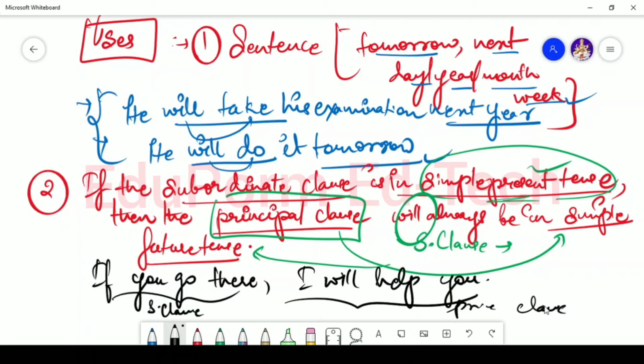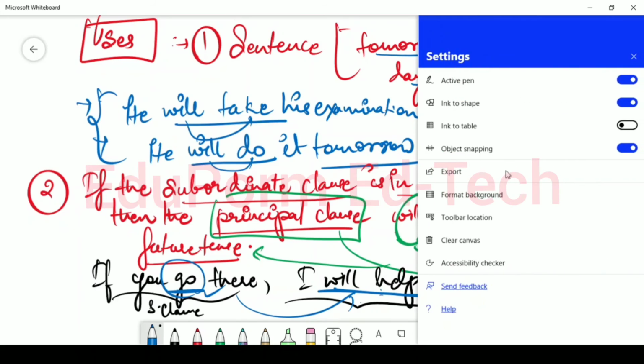So principal clause always makes use of simple future tense, while subordinate clause will be in simple present tense. See, if you go there, I will help you. Got it? So the principal clause will always be in the simple future form. Got it?